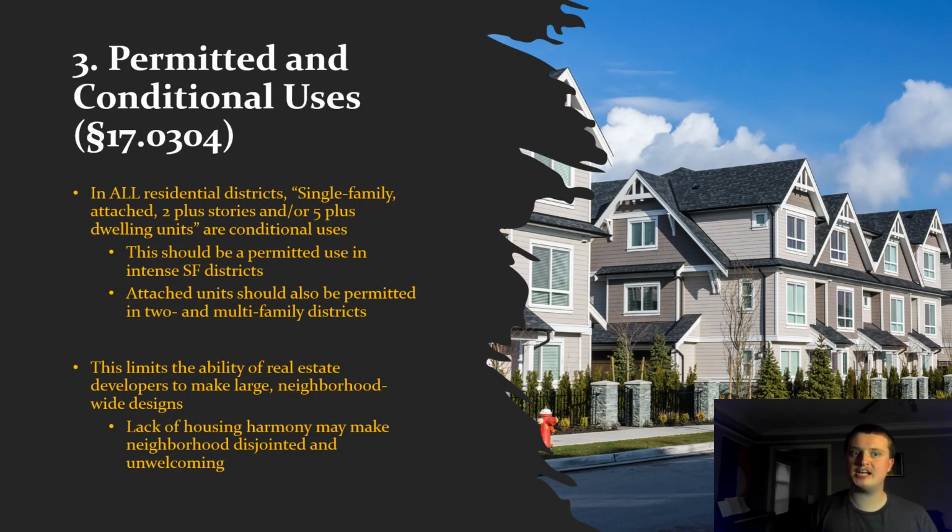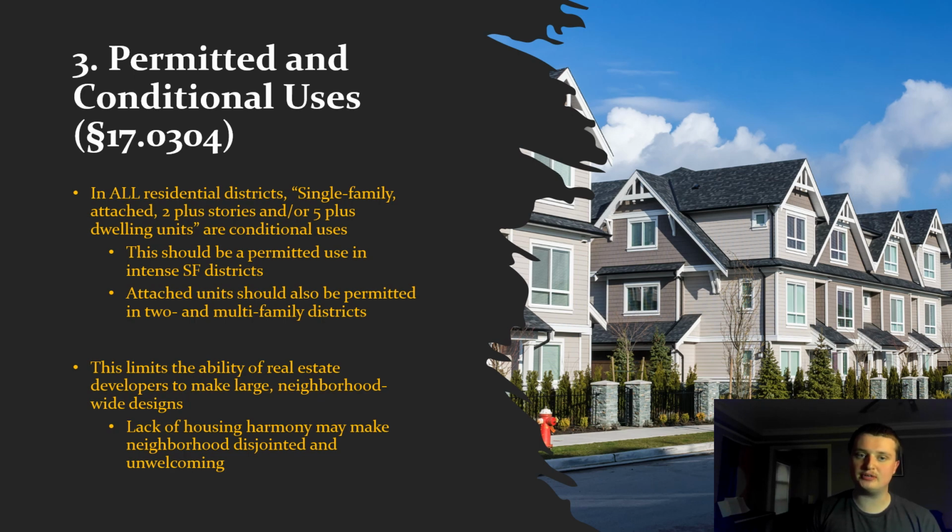So the last section I looked at was permitted and conditional uses. I didn't really have a problem with this section as a whole, but there's one aspect I didn't like. In all residential districts, attached housing units or dwelling units are considered conditional uses. And this is true for all districts.